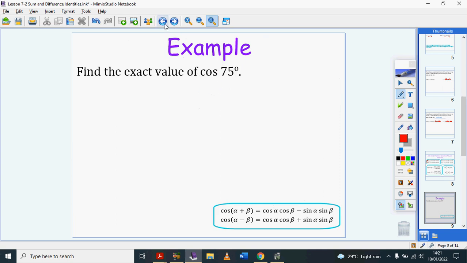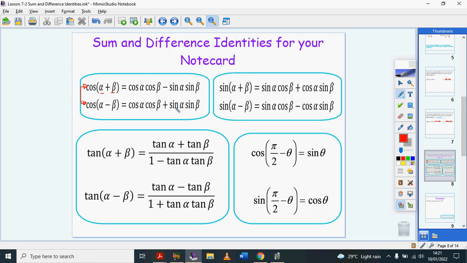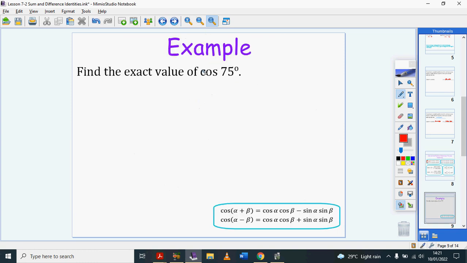The importance of these sum and difference identities is that they can help you break down something like this without using a calculator. Obviously, application today is minimal because everyone has a calculator, everyone can compute cosine of 75. But back in the day when this mathematics was just invented and there were no calculators, people had to work this out by head.